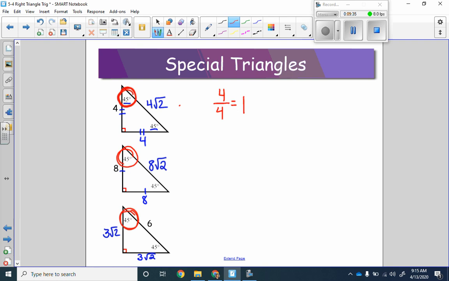If I were to take 8 over 8, that equals 1. If I take 3 square roots of 2 divided by 3 square roots of 2, I get 1. All of these have the same ratio, and what I'm doing here is taking the opposite over the adjacent, which is the same thing as taking the tangent of 45 degrees.